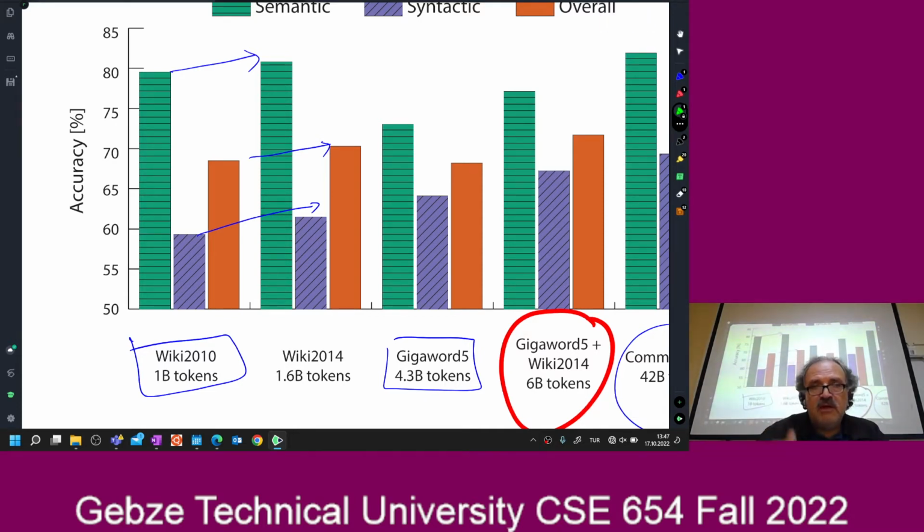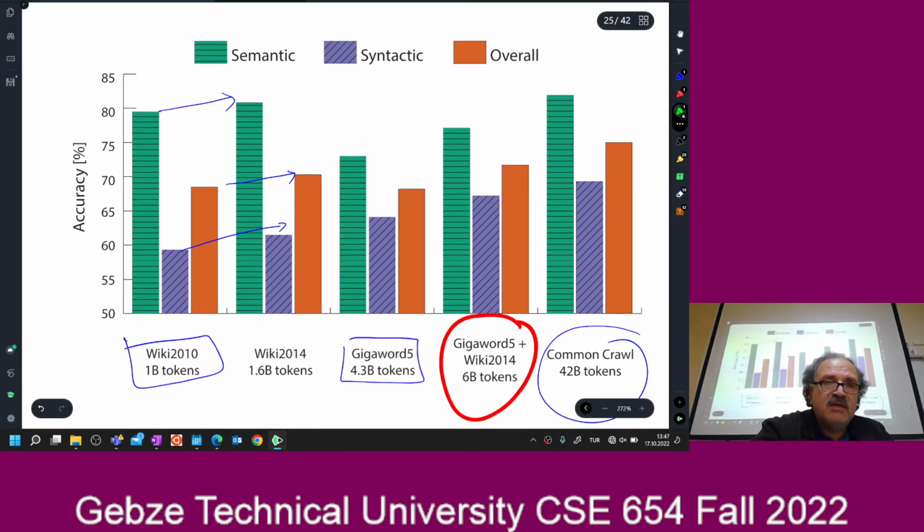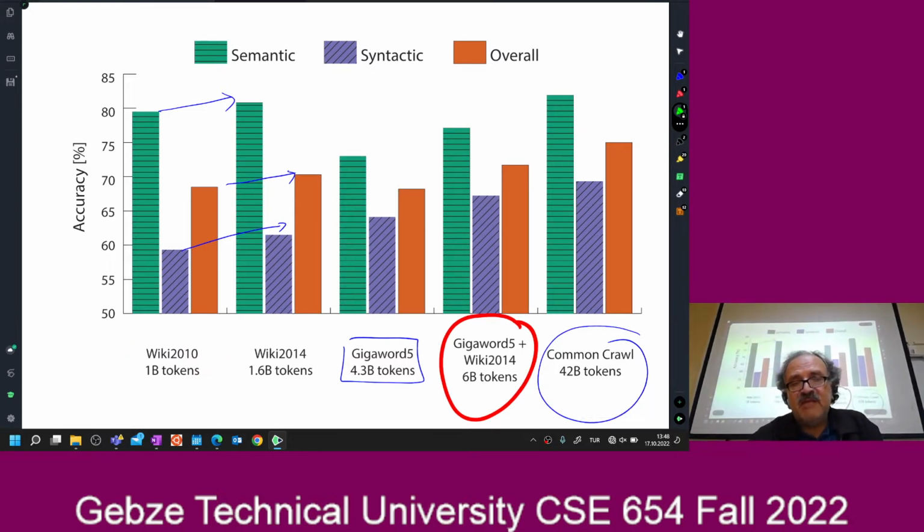So when you increase your data size, the final accuracies for the semantic, syntactic, and overall all increase, right? It is very important to get this kind of result, because what does that mean? It means that this method scales very well with the data. You increase the data, your performance increases.